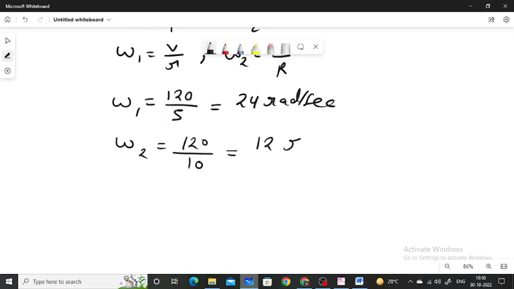So the velocity of wheel is 12 radian per second.